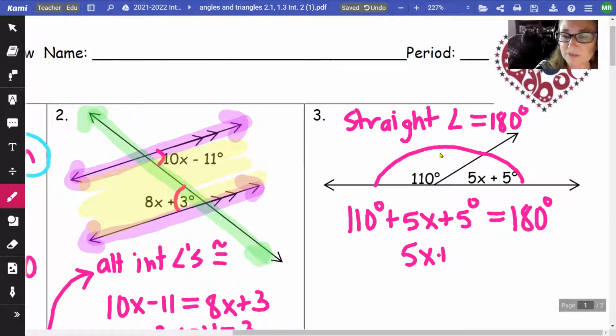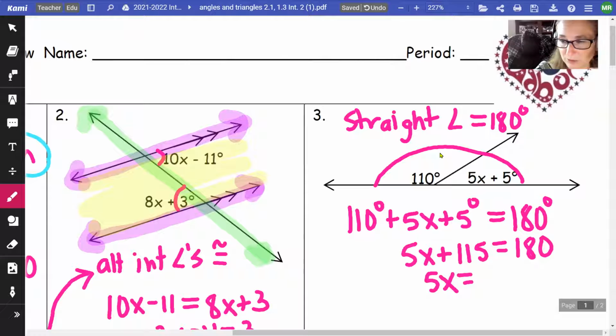So I'm going to get 5x plus 115 equals 180. I'm going to minus 115 from both sides. So I end up with 65.